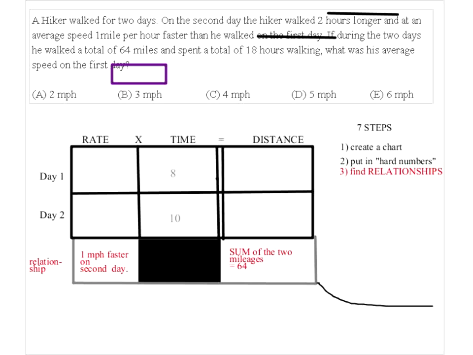One variable. Then step 5 is to fill in the rows, fill in horizontally, complete the chart. And then you write an equation from the leftover relationship.